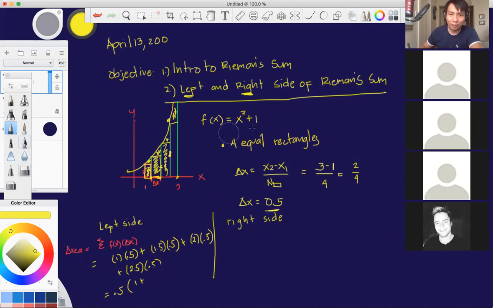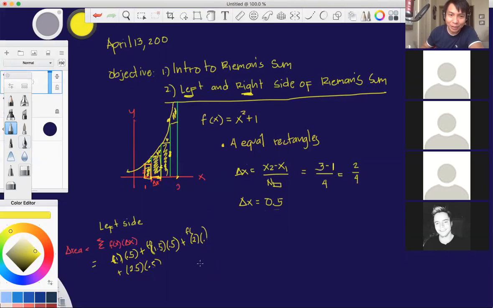I think I'm just going to erase the right side. Shouldn't you have incorporated your function? Oh, yeah, I forgot, f of x. These are all again, guys, f of x of 1. This is f of x of 1.5. Thank you, Danny. And f of x of 2.